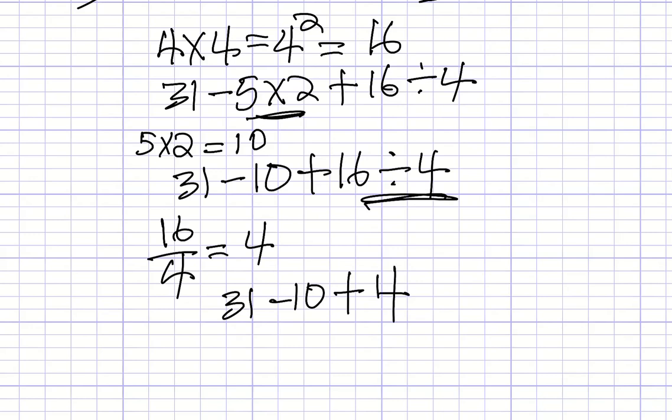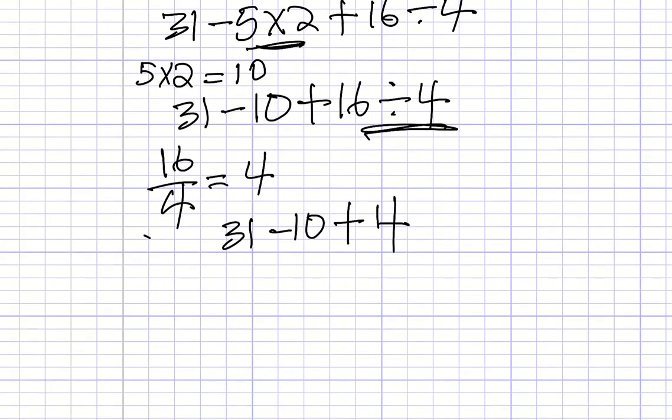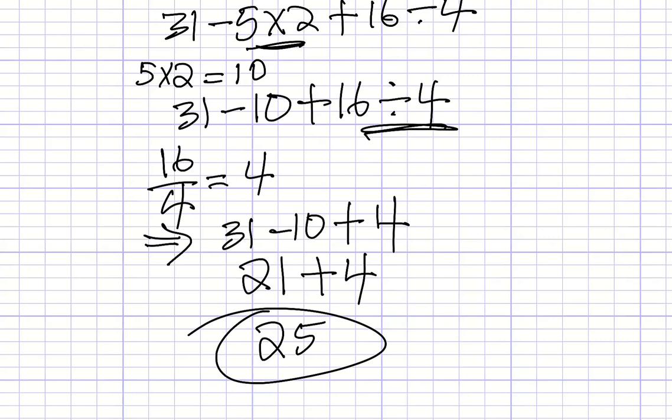From left to right, you do subtraction first. 31 minus 10 is 21, plus 4. And then you finish up: 21 plus 4 is 25. So that's the solution there.